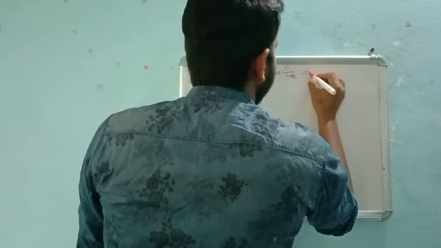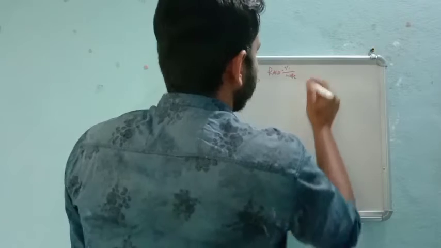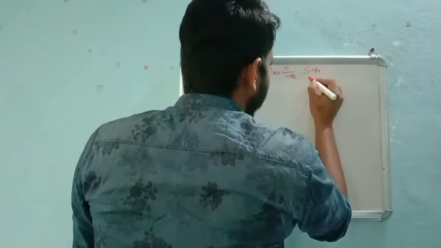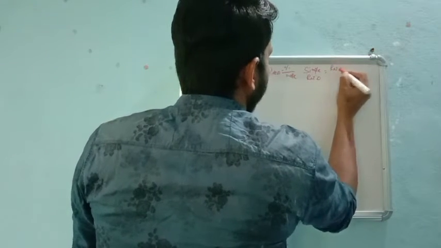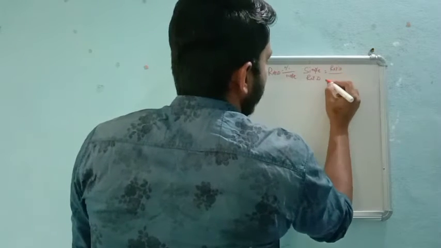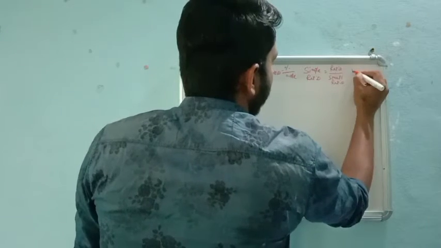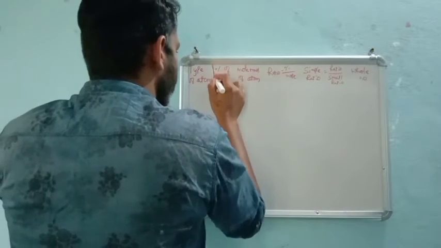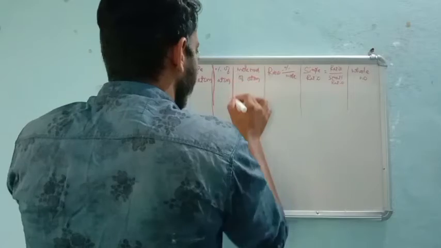Then simple ratio. Simple ratio is nothing but the ratio values we get in this column divided by the small ratio. Then we will get the simple ratio, and finally the whole number. So these are the columns, I mean the chart. We need to have this chart, and everything is given in our problem. We just go through that problem.